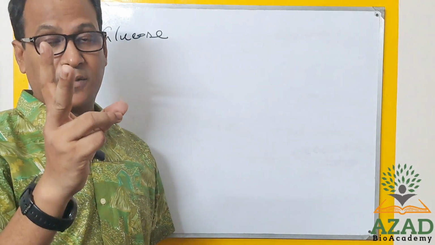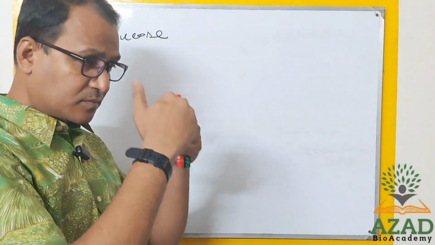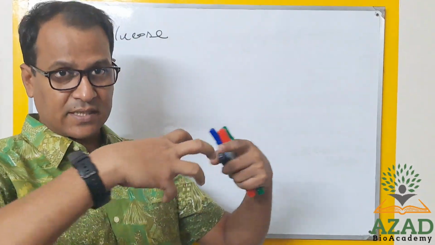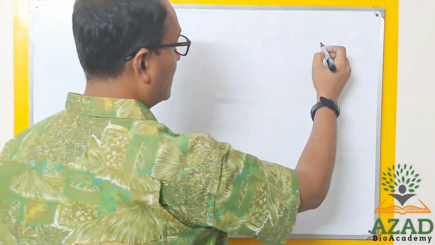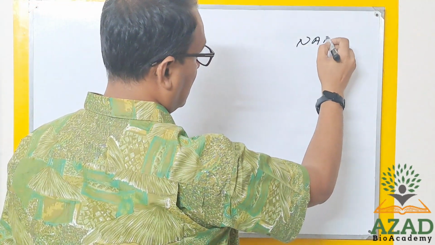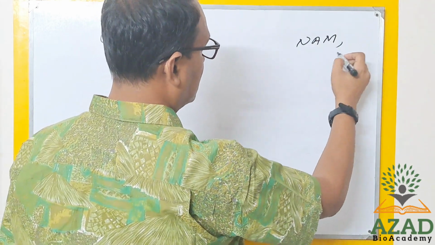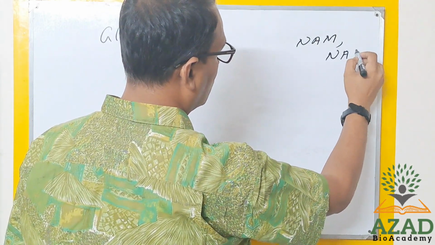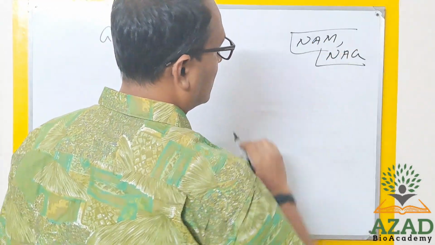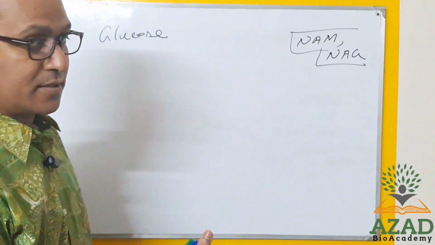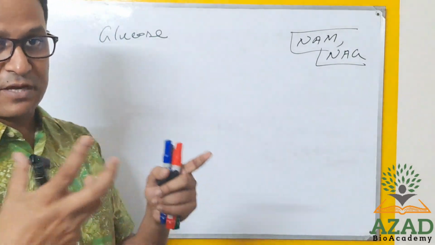Two types of sugar are the basic molecules to produce the skeleton of the sugar chain: N-acetylmuramic acid and N-acetylglucosamine. These are the two basic sugars, and some amino acids will form the pentapeptide.